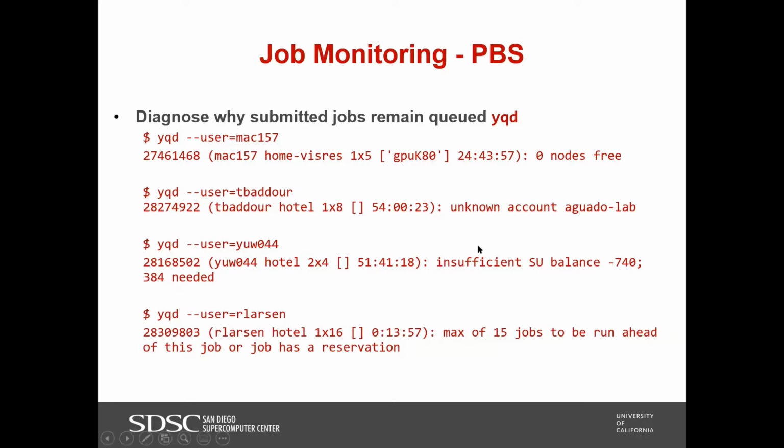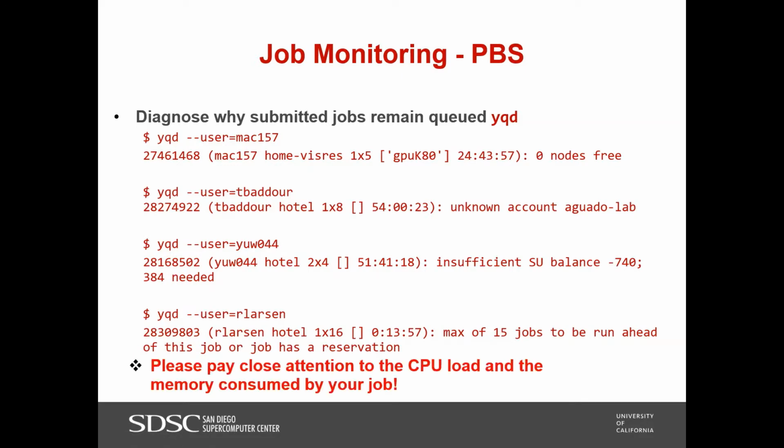If you use the wrong allocation name, you will see unknown account. If you see insufficient SU balance, that means you may need to add more SUs to your allocation. And the last one, which might be very common: there are many other jobs ahead of this job, so your job has to wait in line in the queue.